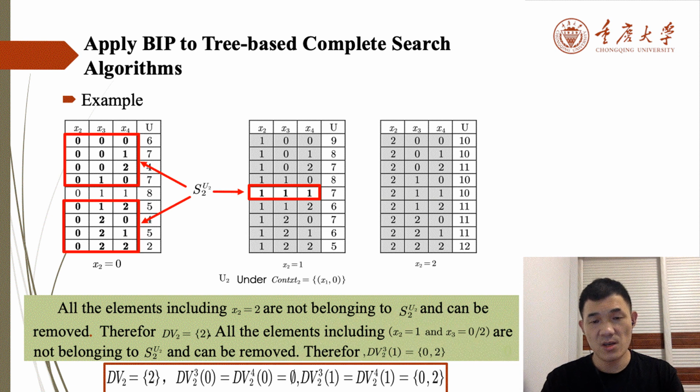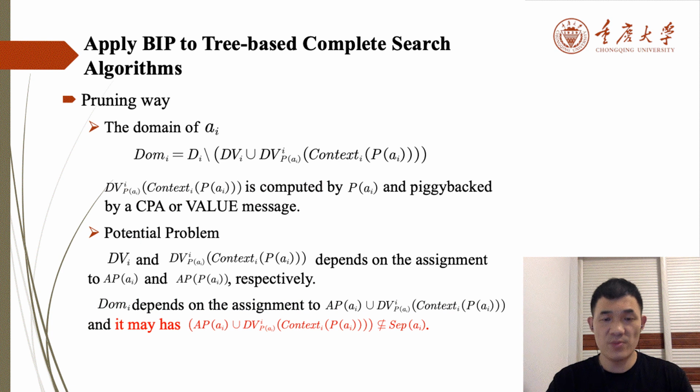In addition, all the elements including x2 equal to 1 and x3 equal to 0 or 2 do not belong to S2^U2 and can be removed. Therefore, dv2-1 equals 0, 2. Each agent Ai can compute removed values for itself and receive the ones from its parent. So, its domain pruned by BIP is given as follows.